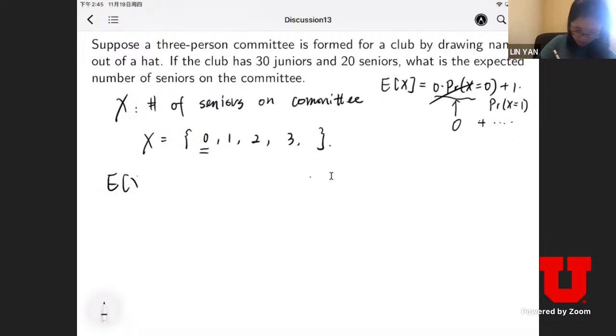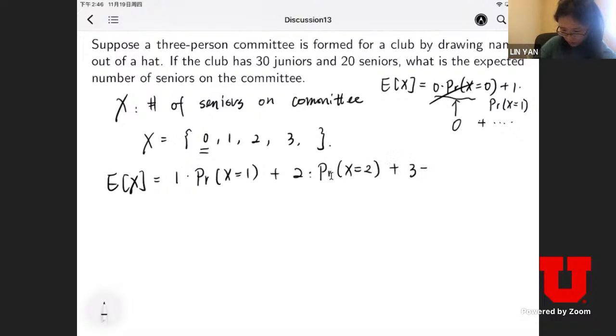So what is the probability of X equal to 1?